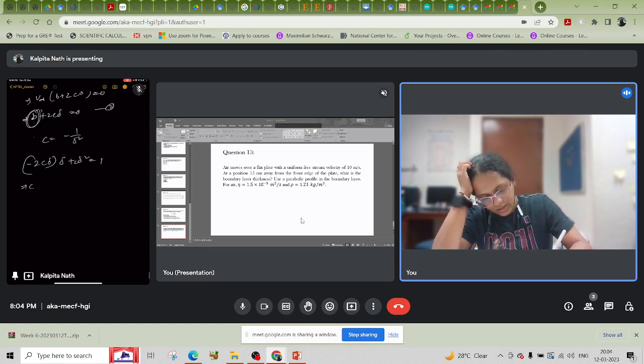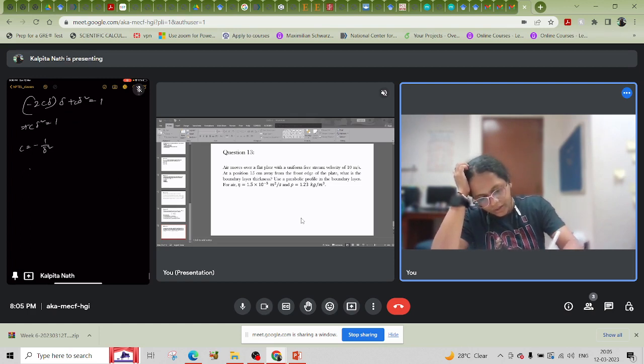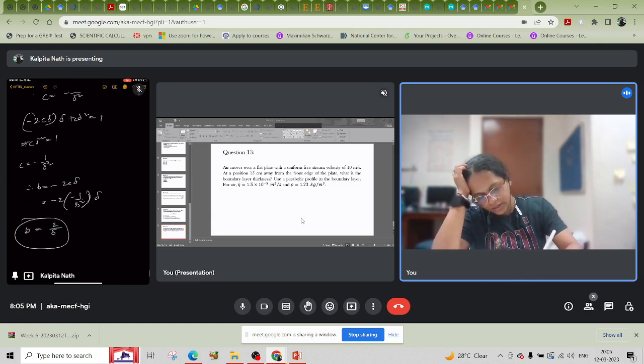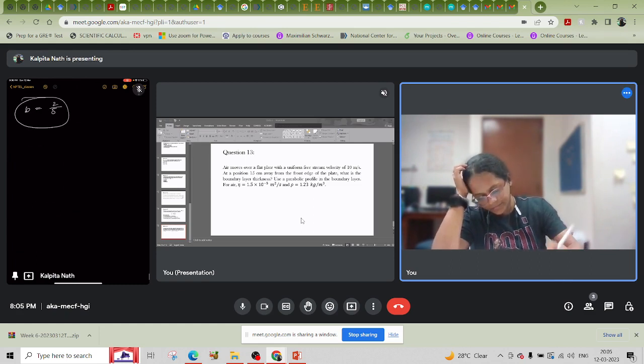Or c minus 2c delta square, that is, minus c delta square is equal to 1, or c is equal to minus 1 by delta square. Therefore b is equal to minus 2c delta, minus 2 times minus 1 by delta square times delta. So b is equal to 2 by delta, and c is equal to minus 1 by delta square.